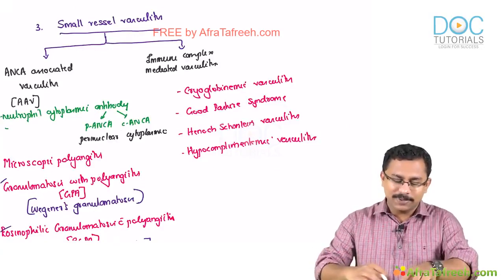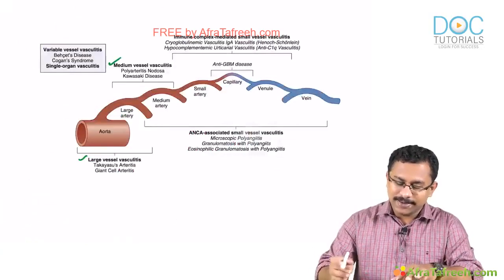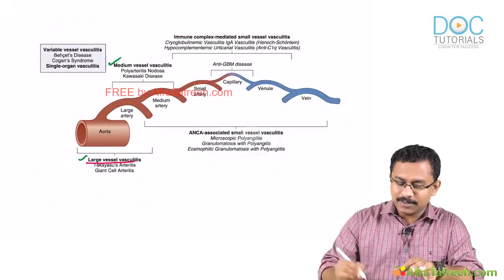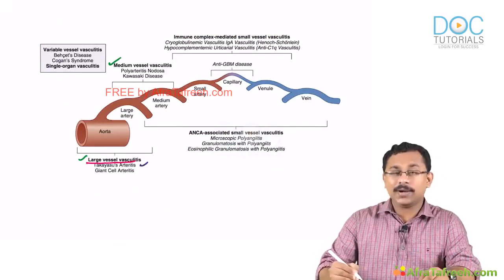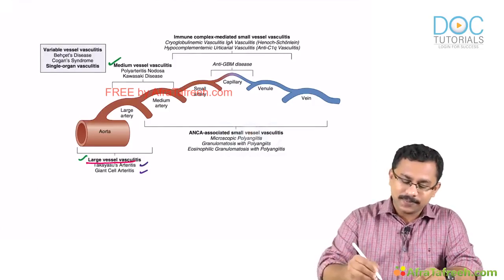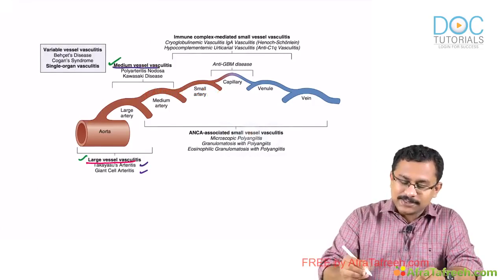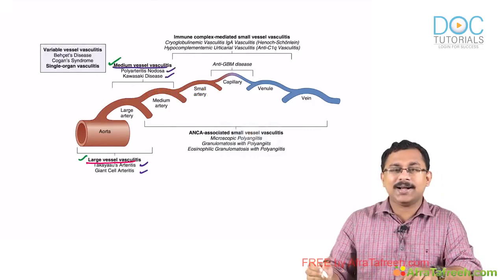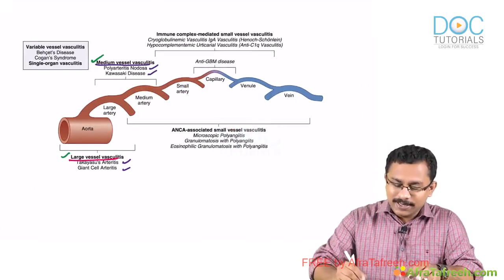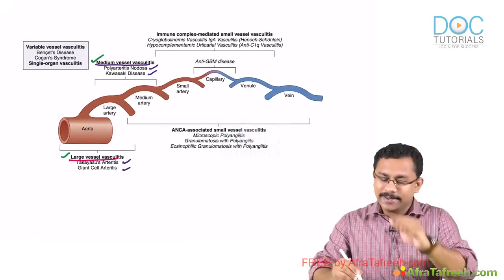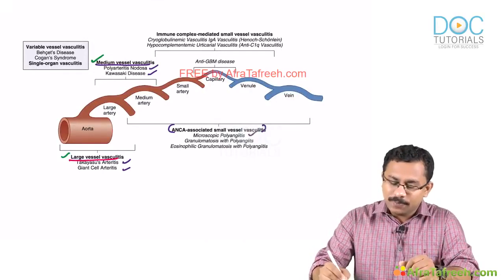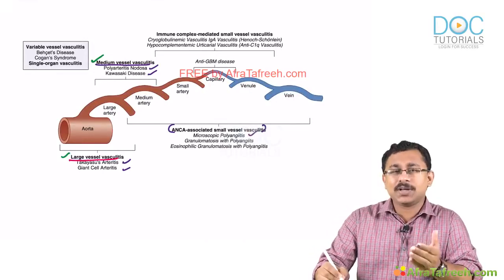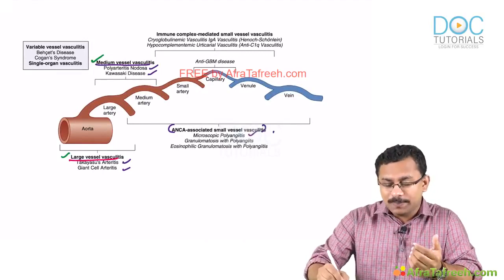Now let's go back to the picture. You see the large vessel vasculitis, which is affecting the aorta and its branches. They are the Takayasu and the giant cell, which we have learned. The medium vessel vasculitis, the polyarteritis nodosa and Kawasaki. You have the small vessel vasculitis, which again can be divided into ANCA associated vasculitis, microscopic polyangiitis. Some people also refer to it as microscopic PAN.